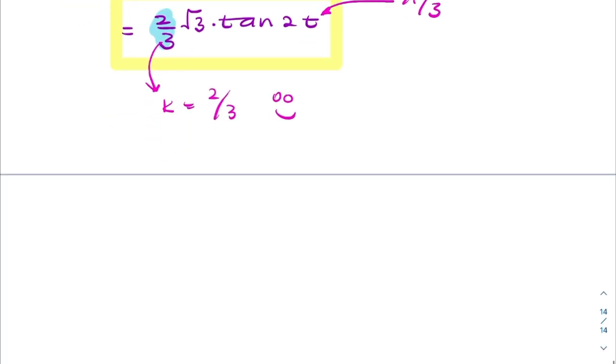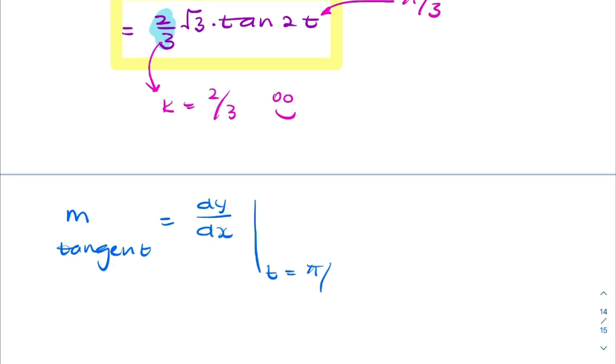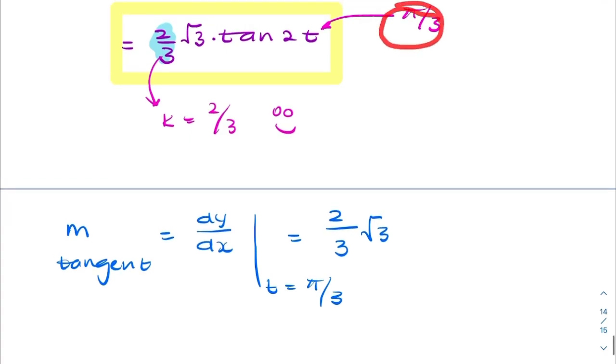So m for a tangent is equal to dy by dx at t equals pi over 3. So that looks like it's going to be 2 over 3 root 3 tan 2 pi over 3. I'm not sure what that is, but I'll do it in terms of sine and cosine.